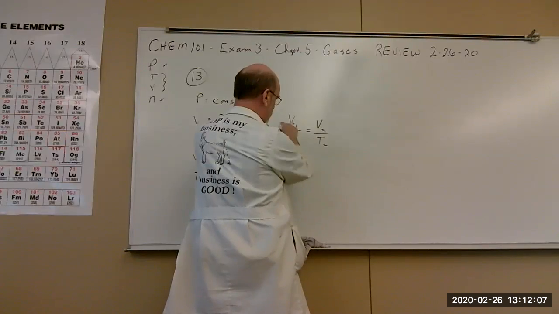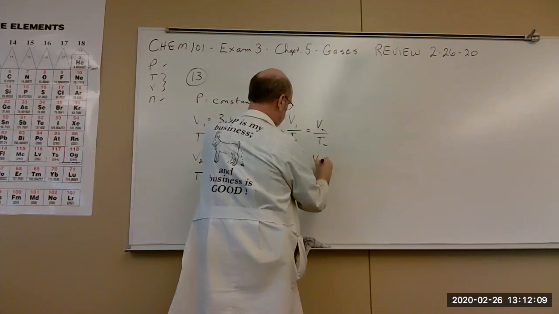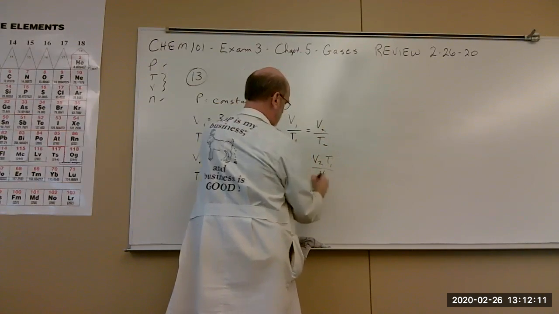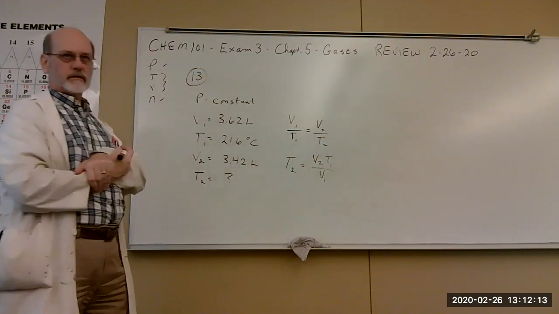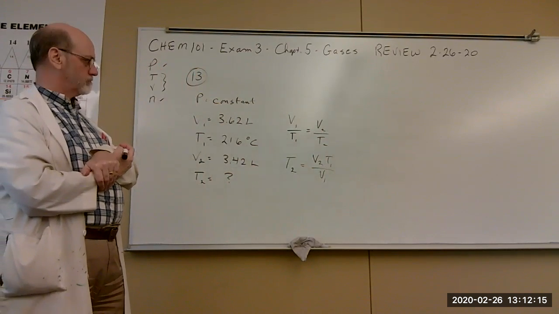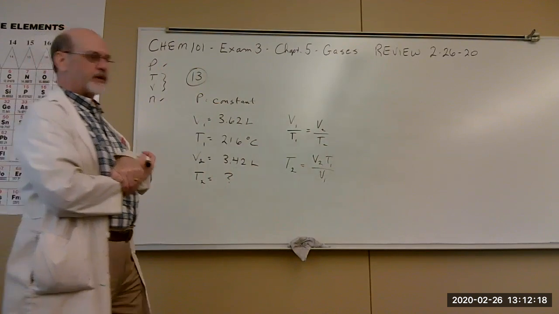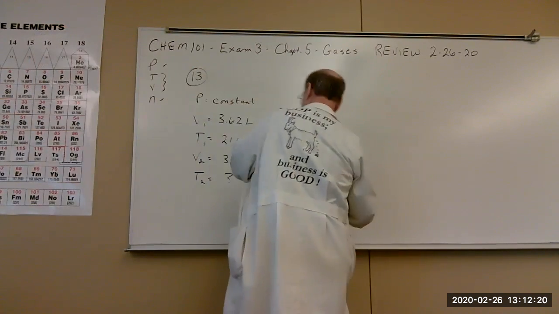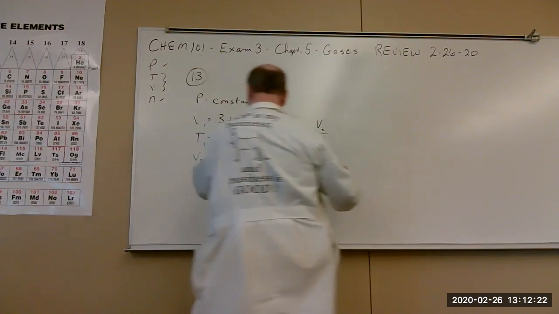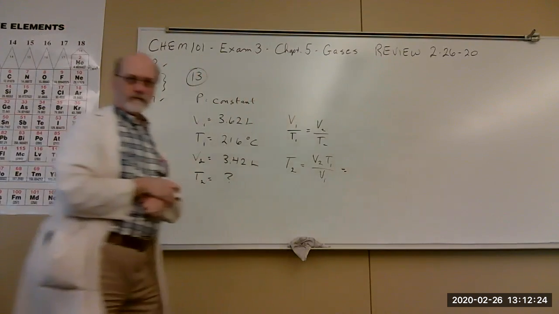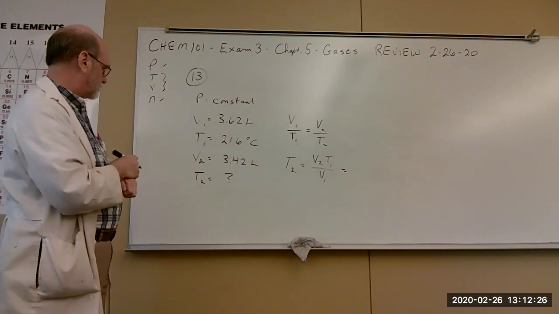So bring this one over here, these two go over there. All right, check my algebra. Then we can plug it in. Since we know we have to use Kelvin, can we go ahead and change the 21.6 into Kelvin?